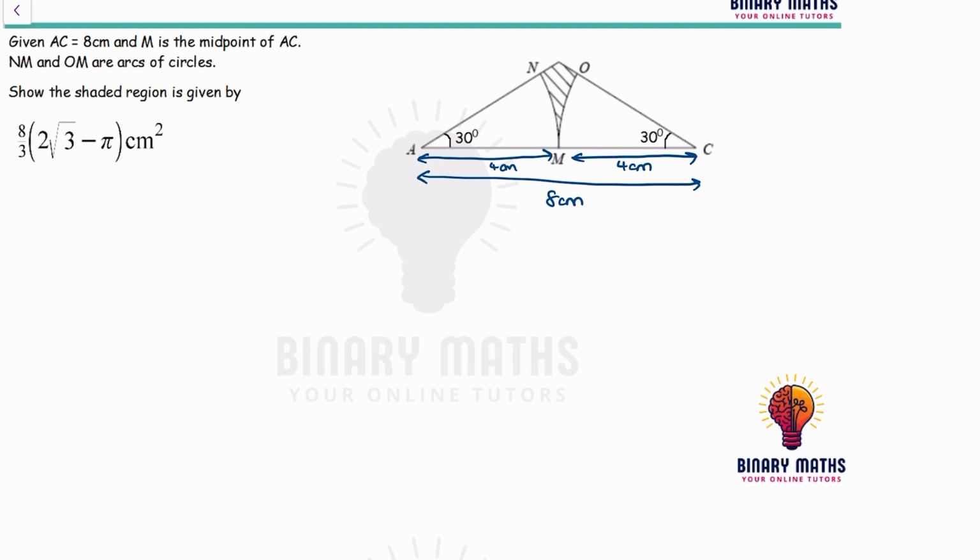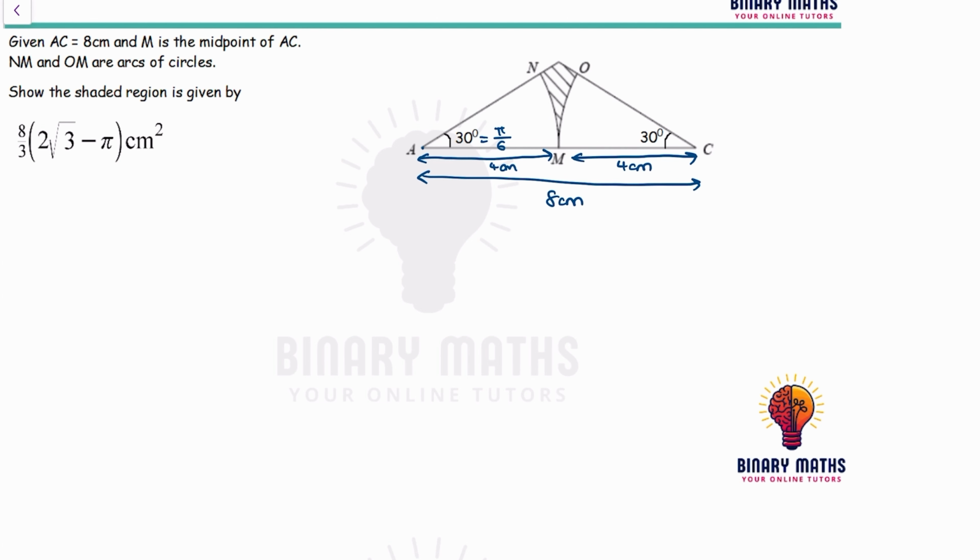NM and OM are arcs of the circle, so that means this is the center, A and C. 30 degrees, because we're in radian measure, I'm assuming I need to convert that. 30 over 180 times pi gives you pi over 6. Okay. Show that the shaded region is given by this.